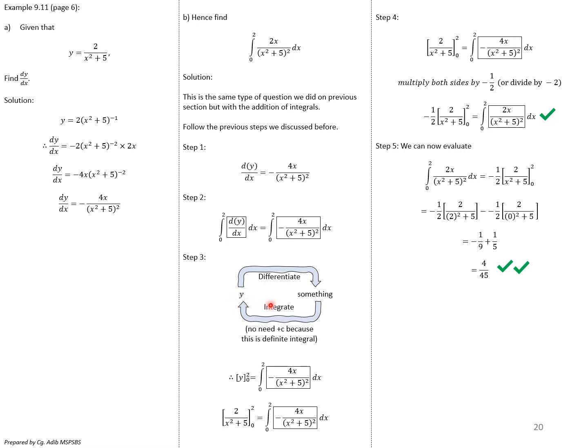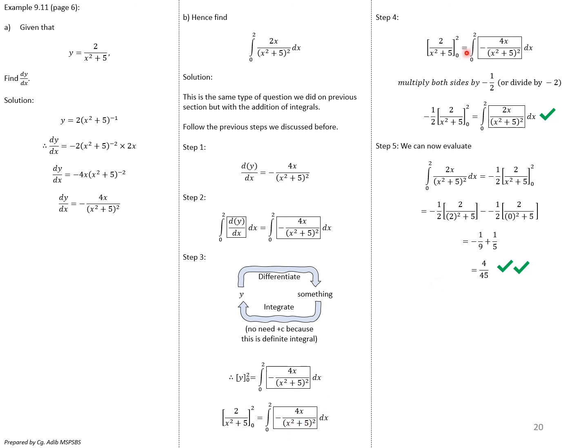In this case you don't need to put plus c because it's a definite integral, the c will cancel out. So this whole thing will become this y. On the right hand side you don't need to do anything yet. So what is your y? My y is this. You change that to 2 over x squared plus y. Done.